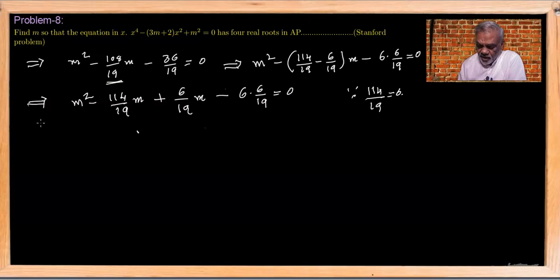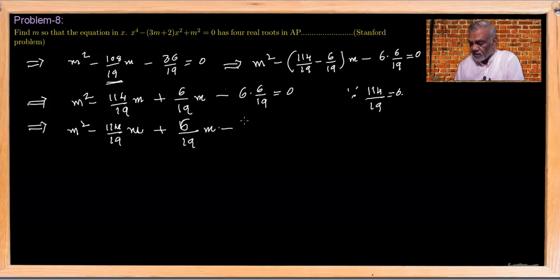And this I would like to write as m square minus 114 by 19 into m plus 6 by 19 into m minus, instead of 6 I would like to write 114 by 19, because 6 can be replaced by 114 by 19 into 6 by 19 is equal to 0.